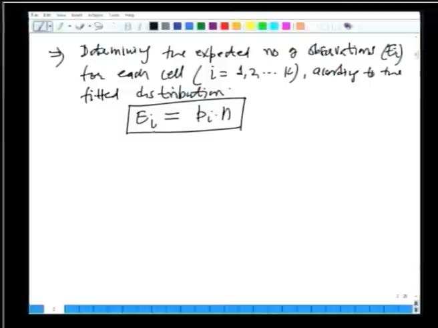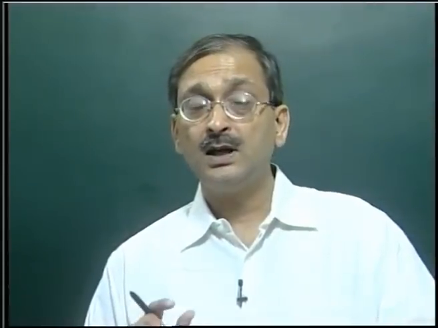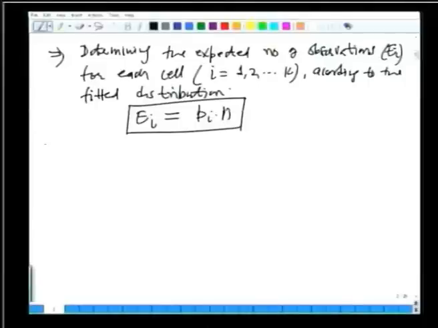So Ei is equal to the cell probability multiplied by the total number of data points, which yields the expected number of observations or occurrences of the events as per the fitted distribution, and we are calling this number Ei. Okay.